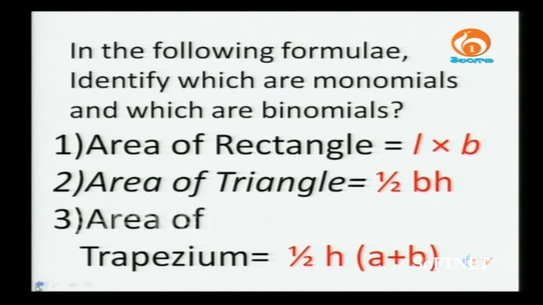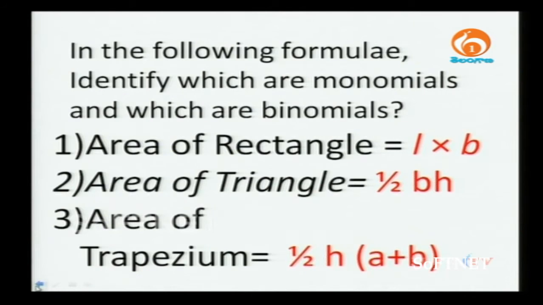The first one is the area of a rectangle, which we have seen, given as L into B. The next one is the area of a triangle, which is half into base into height, and we write the same as half BH. And the third one is the area of a trapezium, which is half H into A plus B.